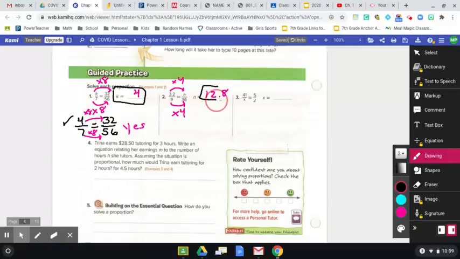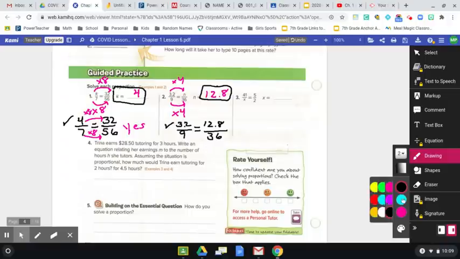All right, well, we're going to check this. Let's see. So is 3.2 over 9 equivalent to, here's what we just solved for, 12.8 over 36? Let's try it. So again, we know from 9 to 36, this is getting 4 times bigger.